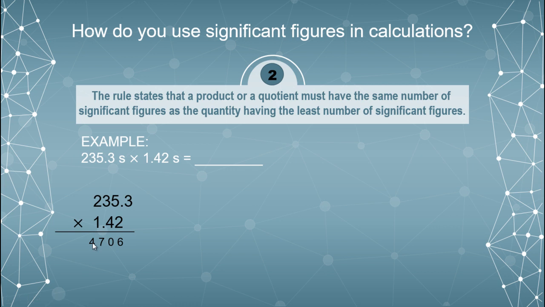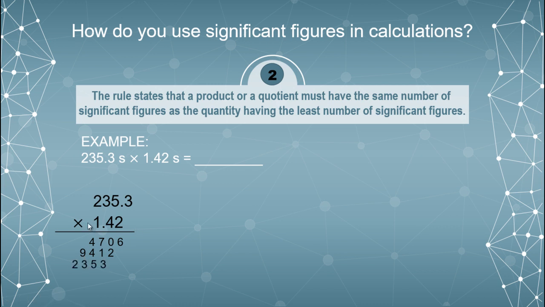I won't write the carry overs here because it is a bit hard to place them. We are very limited in what we can do in PowerPoint. Now, we have 4. 4 times 3, 12, carry 1. 4 times 5 is 20, plus 1, 21, carry 2. 4 times 3 is 12, plus 2, 14, carry 1. 4 times 2 is 8 plus 1, that's 9.